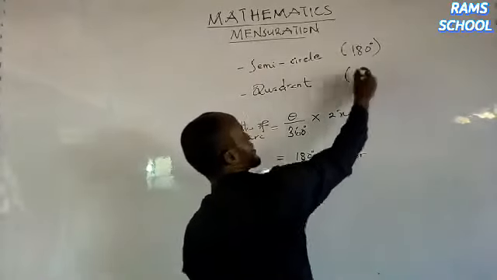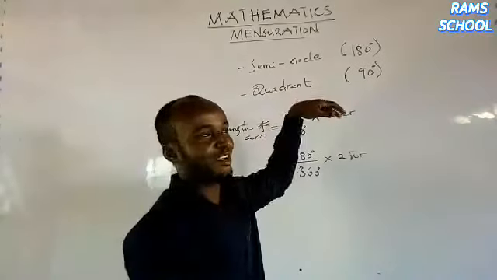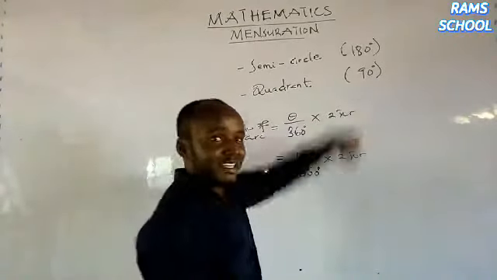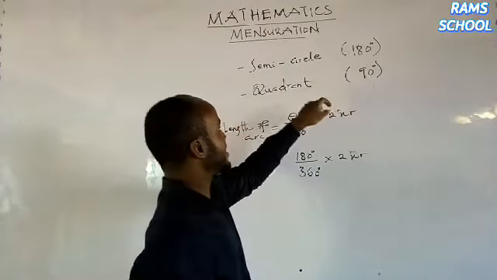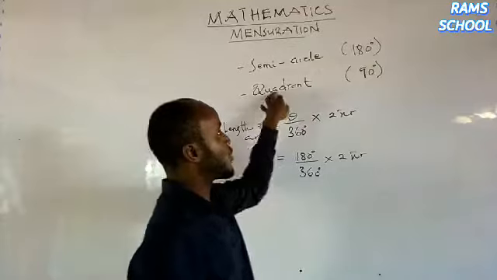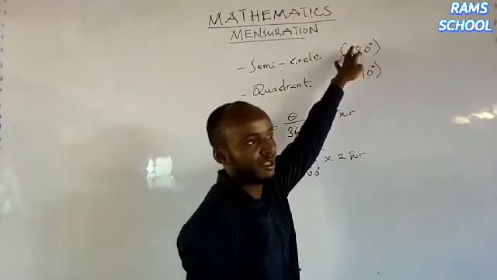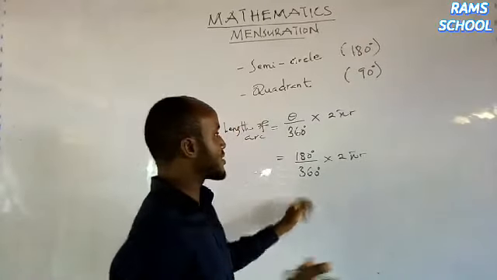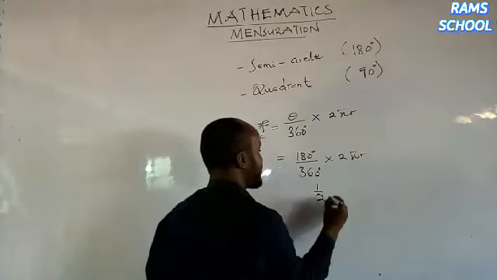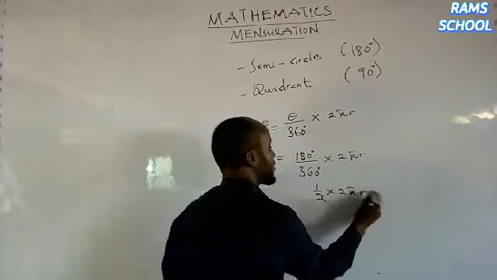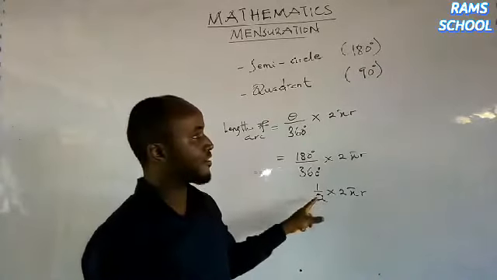And for a quadrant, we get 90 degrees because a quadrant is a quarter of a circle. So if you divide the 360 degrees by 4, you are going to get 90 degrees. So please take note. For a quadrant, the theta will be 90 degrees. For a semicircle, the theta is 180 degrees. That's why in some books, they just write half times 2 pi r, because 180 out of 360 degrees will give us half.